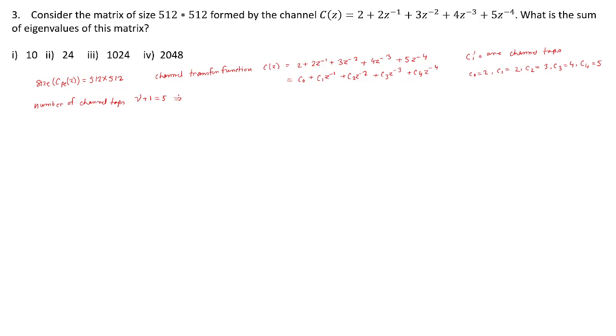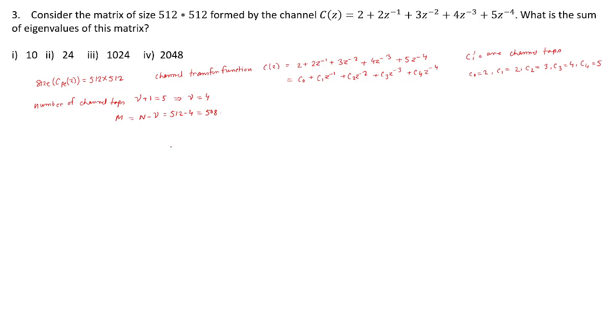Mu is the symbols of ISI, or zero padding length, or cyclic prefix length. The psi is going to be 4, and the m value we are going to have is n minus psi, which is 512 minus 4, equal to 508.